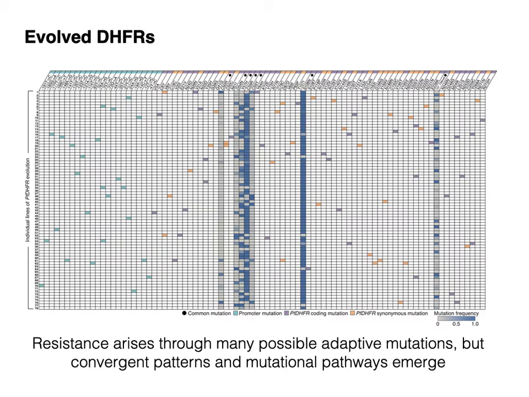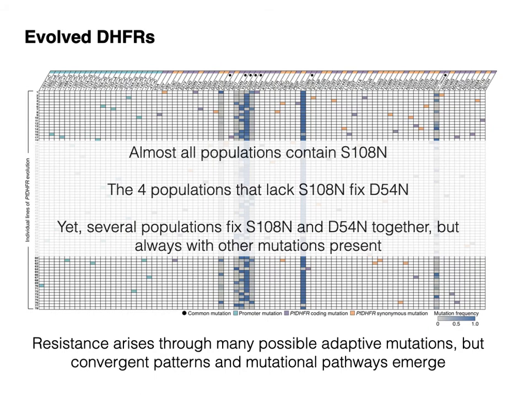This is a table where each row represents a different replicate evolution experiment, and each column represents a mutation observed throughout the experiments. What you can gather from this table is that resistance arises through a diverse set of possible mutations, but at the same time, there are definitely convergent patterns and repeating mutational pathways emerging.